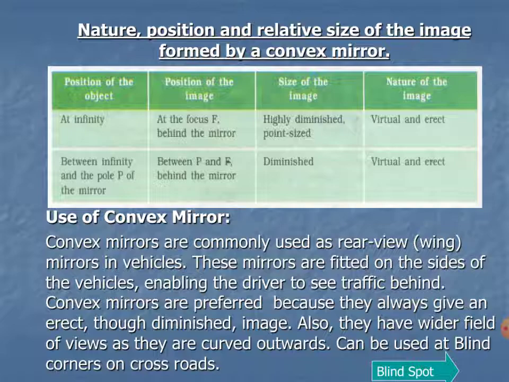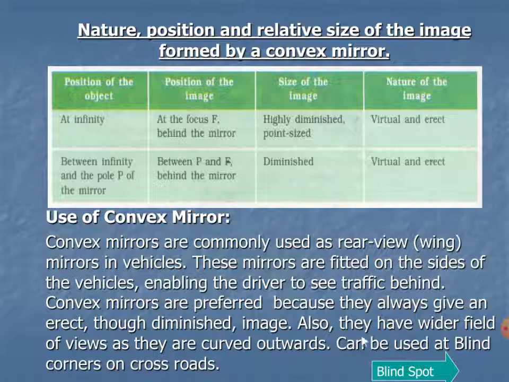So just to make the traffic on the other road visible from the side of our road, we have to place a convex mirror of larger aperture, so as to enable us to see the traffic coming from the other road.